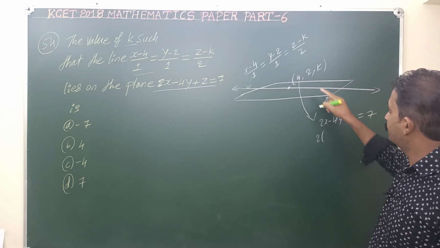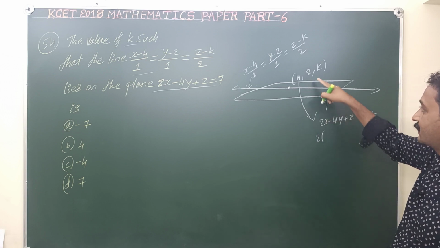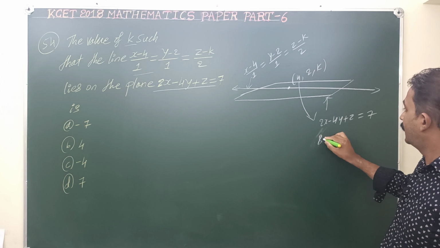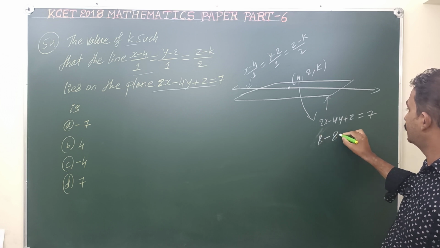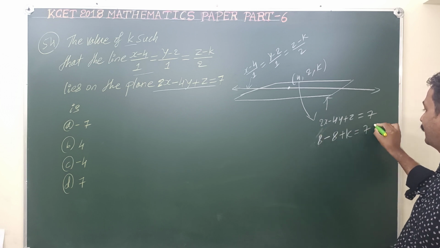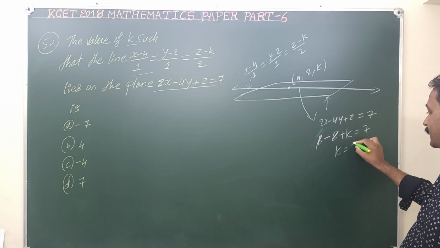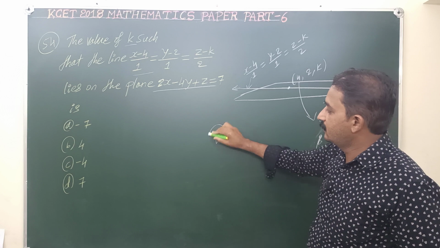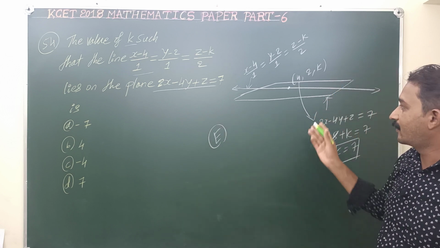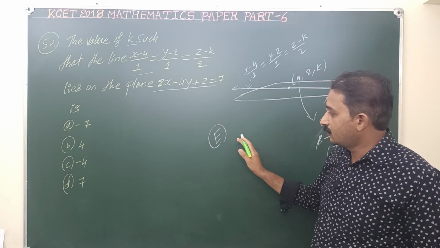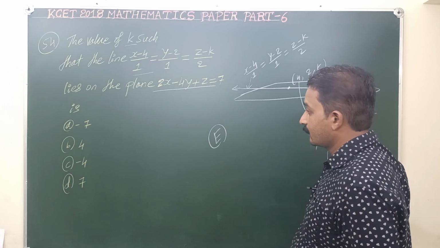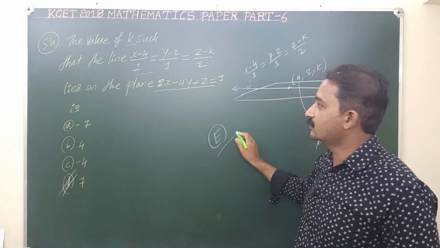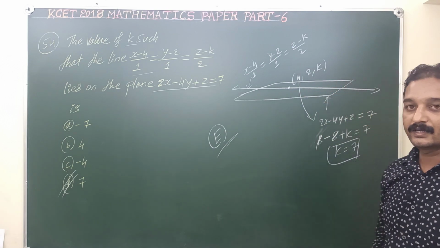So put this point in this plane: 2 4s are 8, minus 4 2s are 8, plus 0k equal to 7, so k equal to 7 is the required answer. So we can easily find the answer to this question by drawing a rough figure. So in this case option D, 7, is correct. Easy question, all the students solve this question easily. Take down.